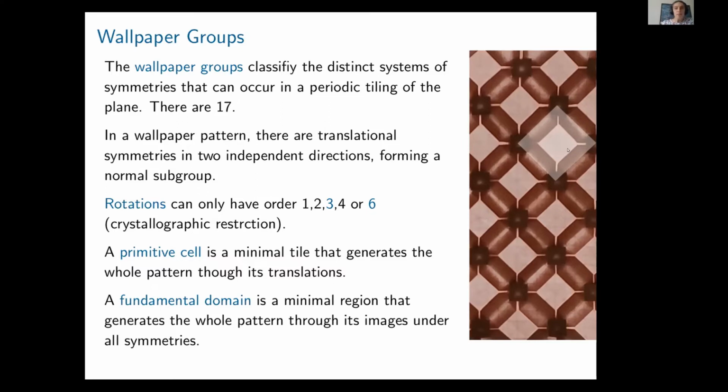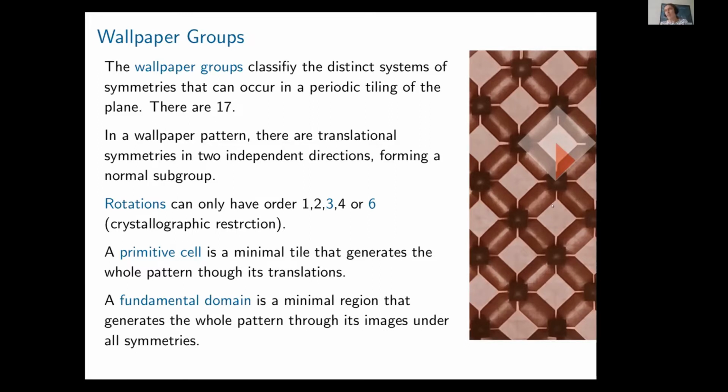A fundamental domain then is a minimal region that would generate the whole pattern by taking its images under all symmetries of the whole periodic tiling, not necessarily only translations, but also, for example, reflections and rotations. In this particular example, if we take this little triangle, we can see that the full symmetry of the square is exhibited in this tiling. If we take that little triangle, we can do a reflection, for example, in this vertical axis.